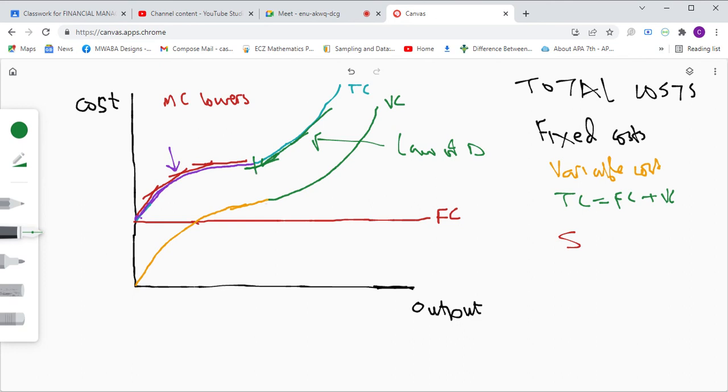But then it reaches a point where our capital, which is fixed, gets strained and overloaded. And now we're going to have so many workers producing little output and costs will start rising. So that's why you have the shape of the curves in this manner.